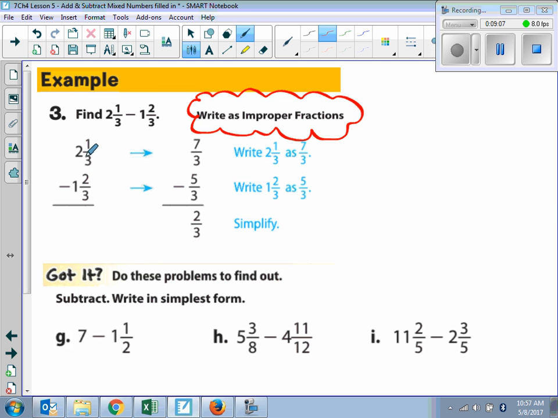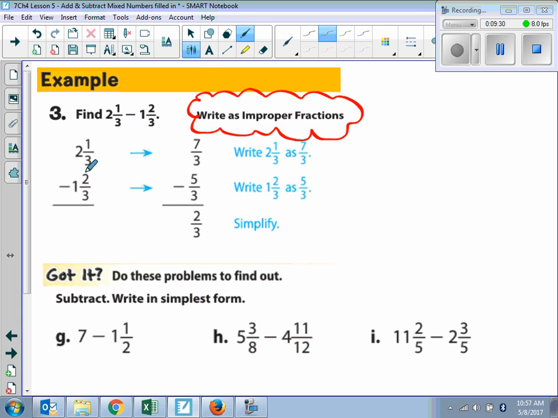So when you have whole numbers involved, you can't say this is a -1. Does that make sense? So this is the reason why, because of the positives and negatives, that you're going to change them into improper fractions, okay? The other way to deal with this is that you would have to borrow.